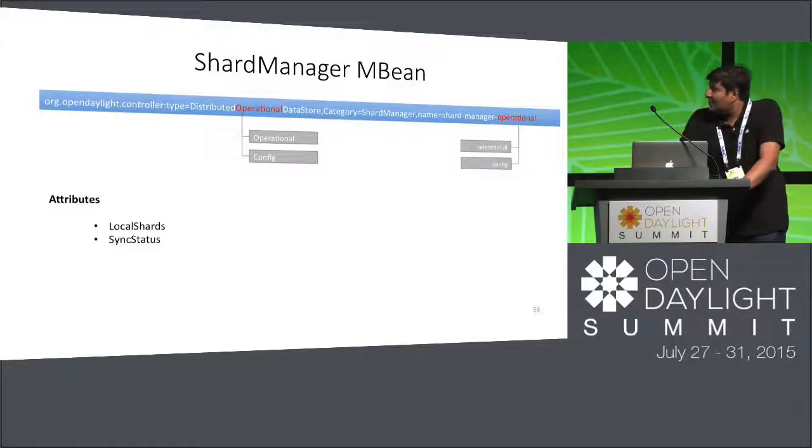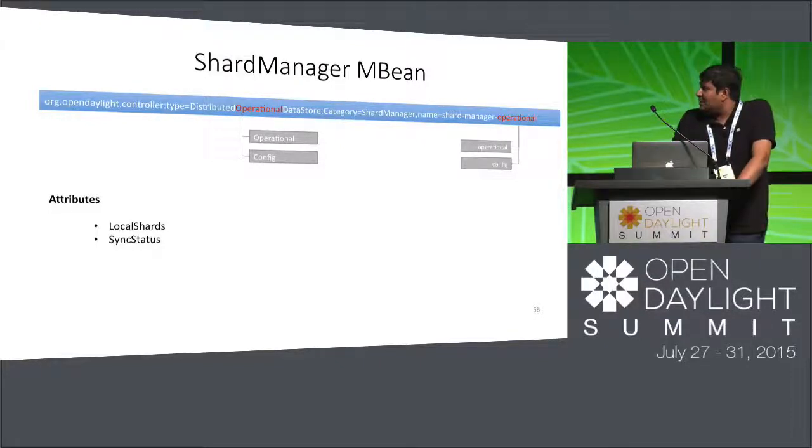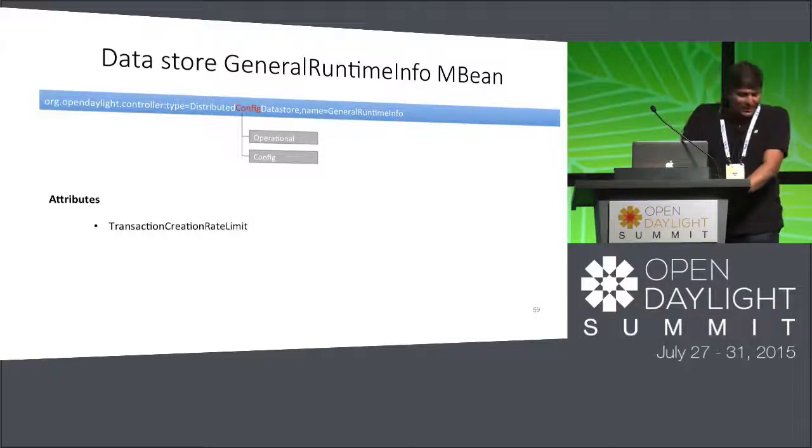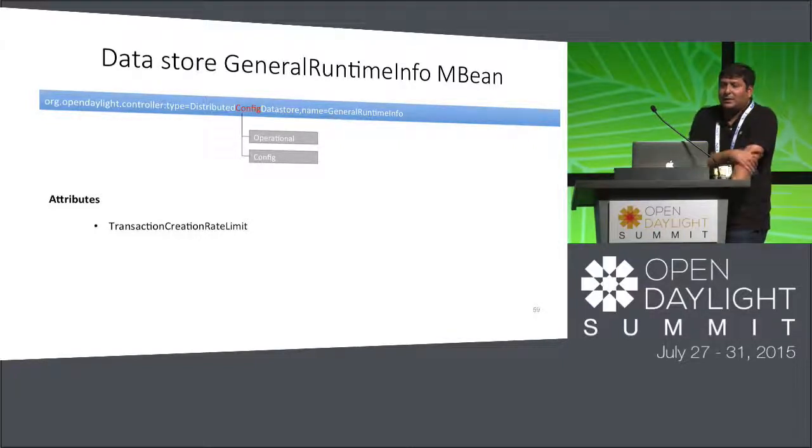Similarly, for shard manager, you can tell what the local shards are, whether the current data store is in sync with the other replicas, and so on and so forth. Then there is some runtime information which tells you the current transaction creation rate limit. Unfortunately, I didn't have time to go through the rate limiting behavior, but we actually limit the number of transactions that you can create.